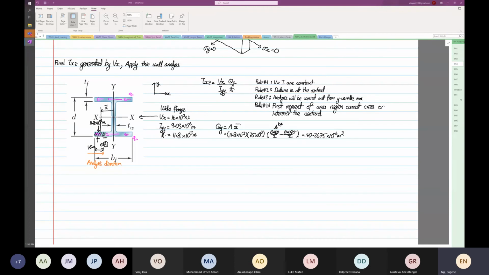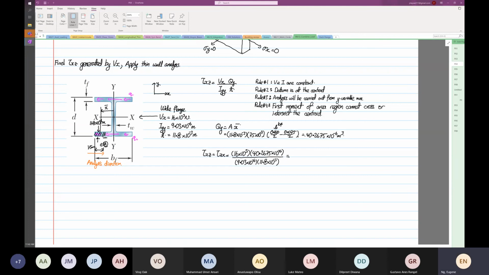So from here, you can calculate the shear XZ equal to the shear ZX, and this will be equal to the V multiplied by Q, which is equal to 40.2675 times 10 to the power minus 6, divided by I, divided by T, right?